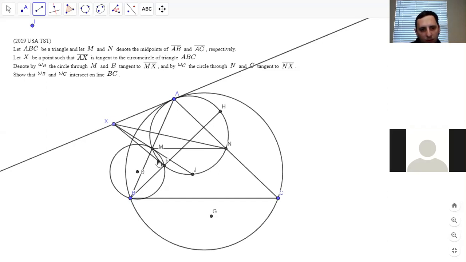Let's see. So can we use an angle chase here? We want to show XM is tangent. That's the same as saying angle XMB equals angle MFB or BMF. There's a couple ways to think about it.